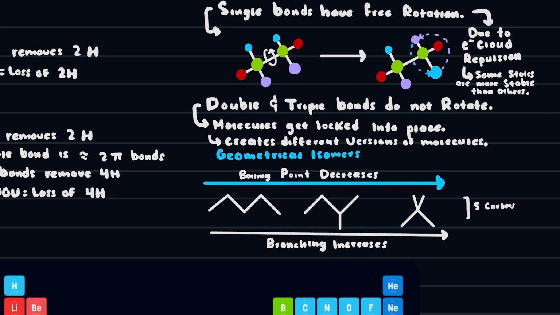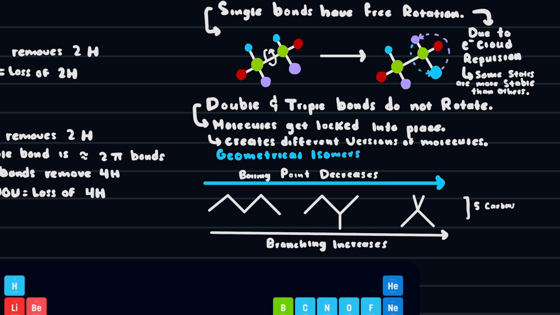As the amount of carbon stays constant, as you can see, each of those three molecules has the same amount of carbons, which is 5. As the branching increases, as the main parent chain decreases and the rest of the carbons are added as substituent groups, you can see that the surface area decreases.